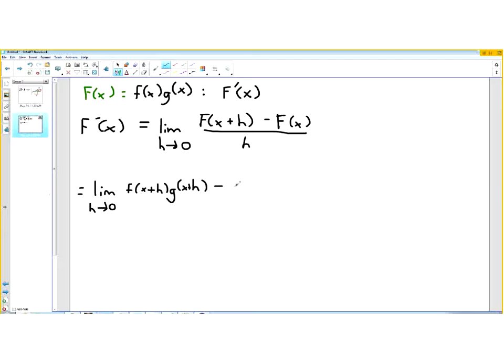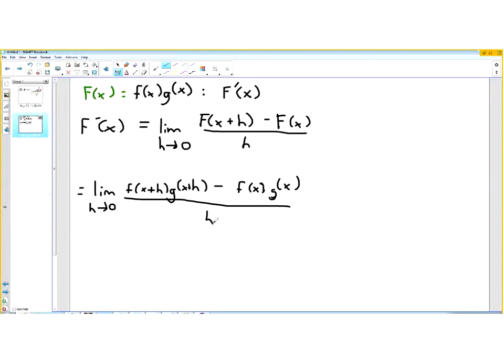Okay, and then subtract off big F of x, which is f of x times g of x, all divided by h. And now we need to simplify this function.